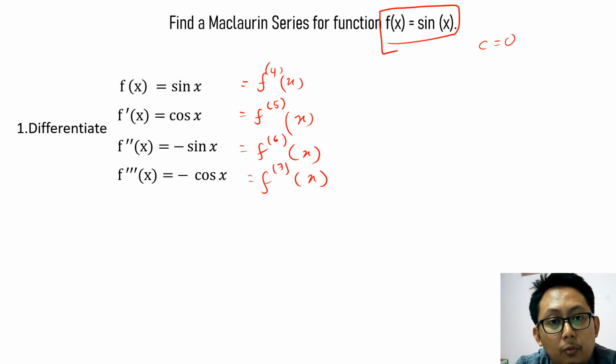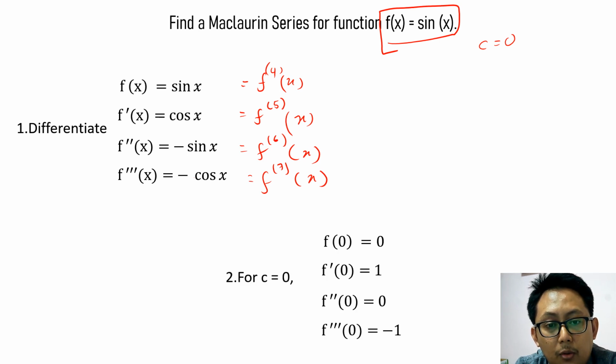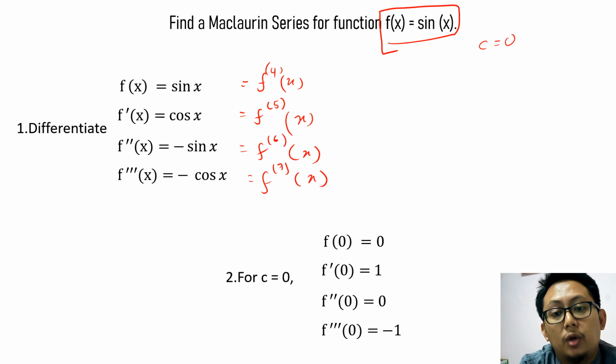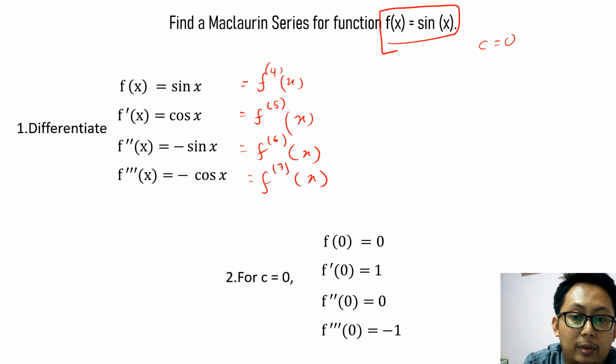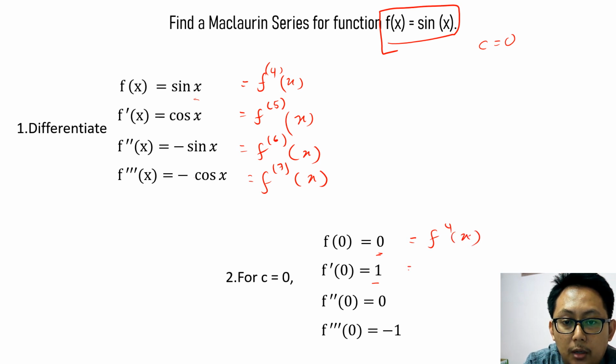After differentiation, we put in the value, because C is equal to 0, so we can put all the values as 0. If you remember, sine 0 is equal to 0, cos 0 is equal to 1, minus sine 0 is 0, minus cos 0 is equal to minus 1, and the same goes for the fourth, fifth, sixth, and seventh differentiations.